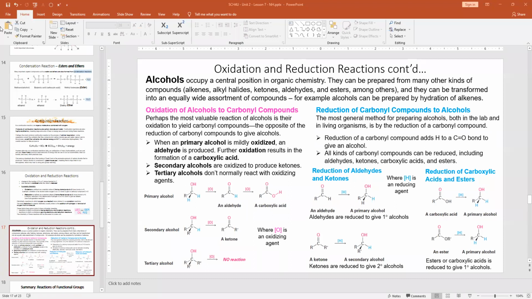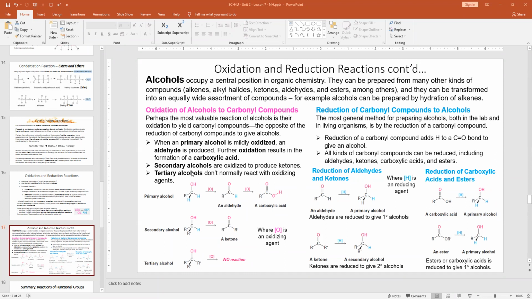So here, on one side, I've described the oxidation of alcohols to carbonyl compounds. And on the other side, I've described the reduction of carbonyl compounds to alcohols. I've gone through it in a methodical way so that you can see the difference between oxidation and reduction steps.